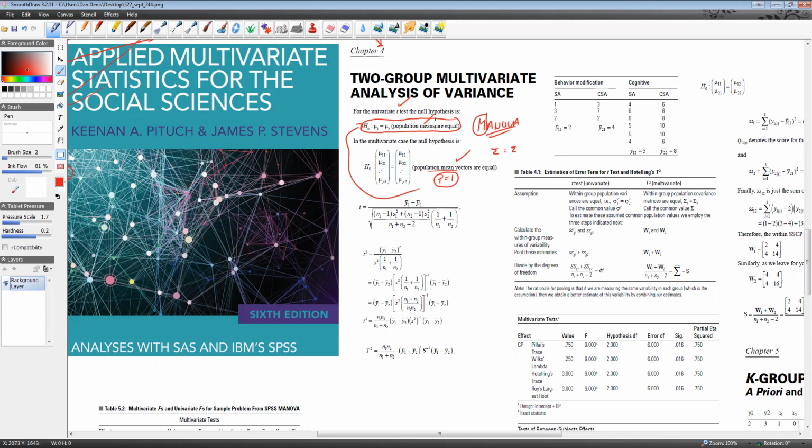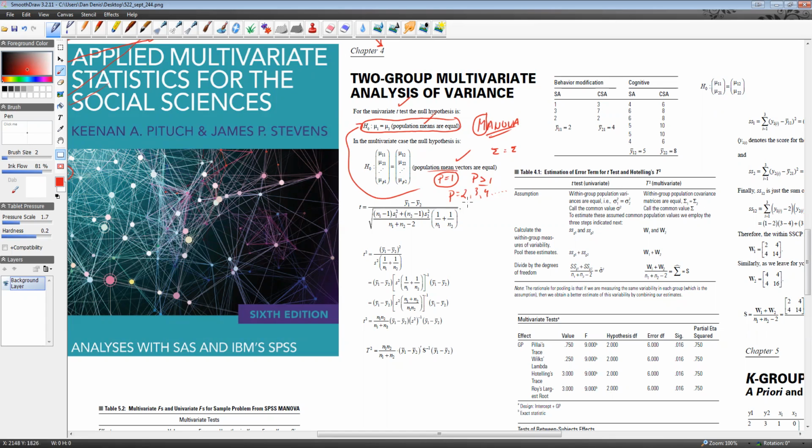We said this is a lot like the t-test, assuming equal variances and such. The multivariate case, where you have mean vectors, is analogous to the situation of p equal to 2, 3, 4, etc. So you have p greater than 1.